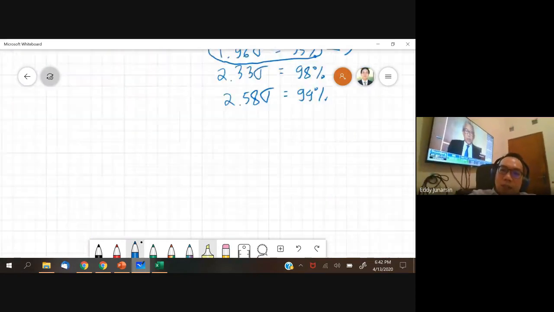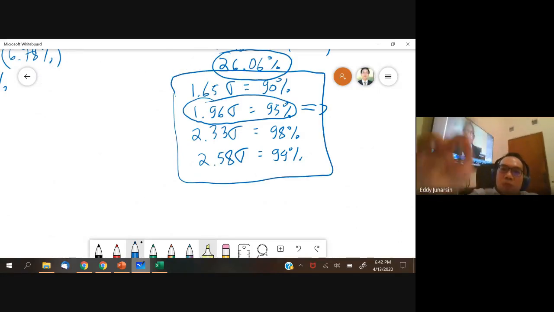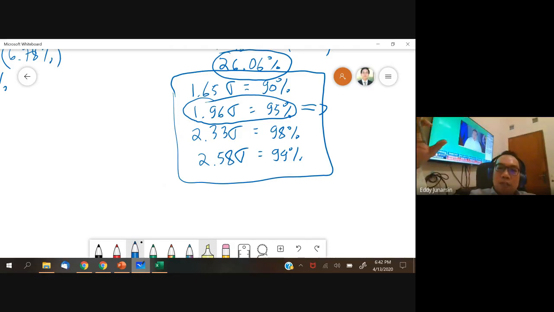So you can see our discussion here is not our main topic today, but you can see that the higher the coefficient, the higher the confidence interval, right? So the higher the probability of truth about what you are stating or what you are saying.